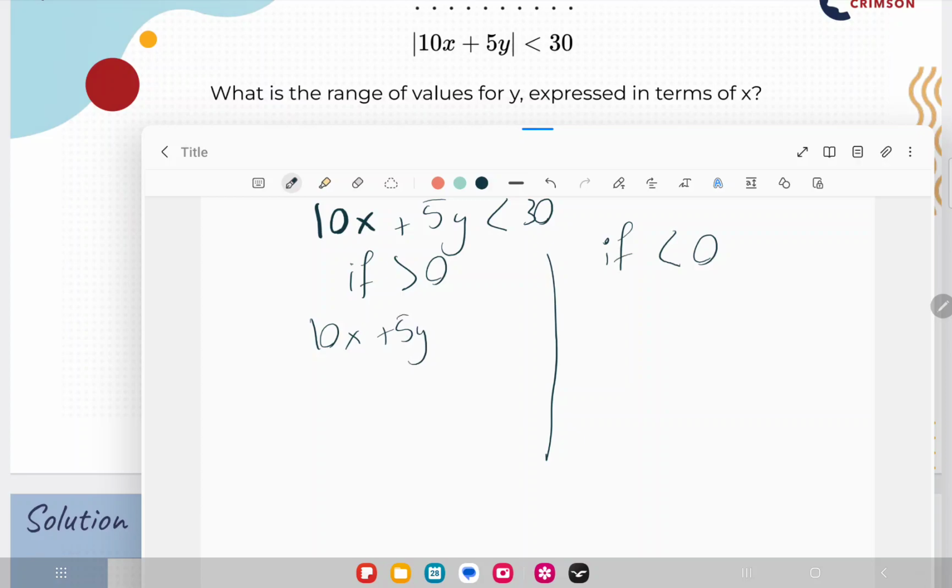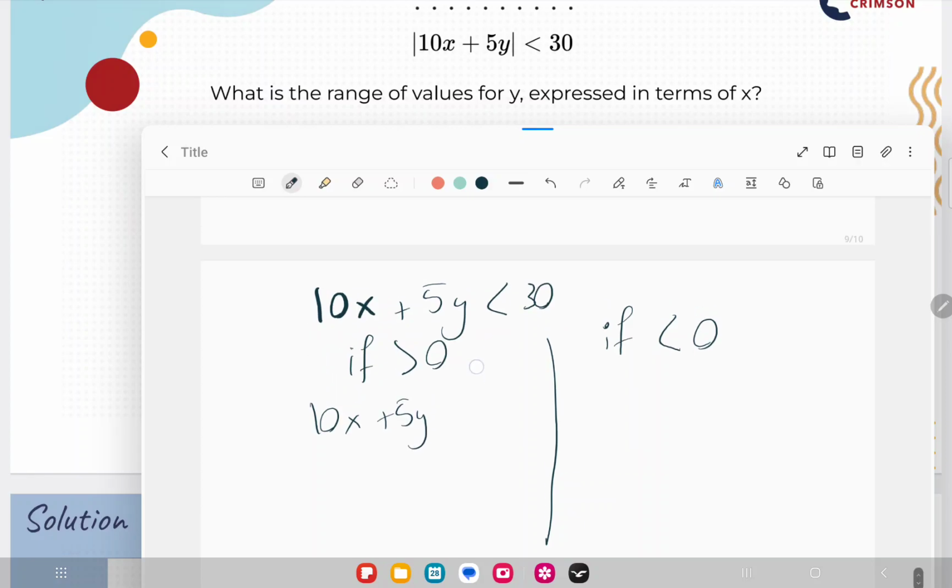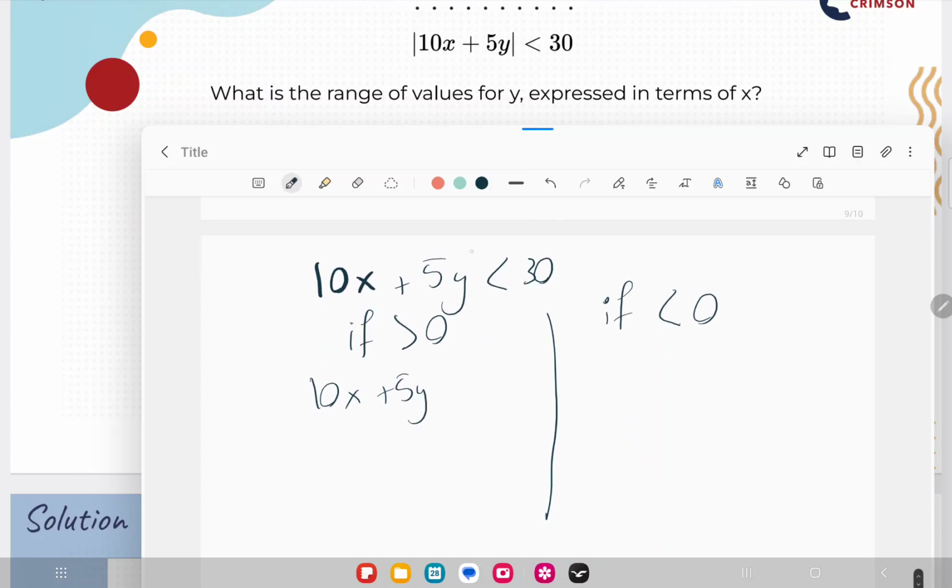This is an absolute value, so I took them immediately outside of the absolute value. If positive, this one is still going to be less than 30. Now if negative, this is going to be 10x plus 5y greater than minus 30.